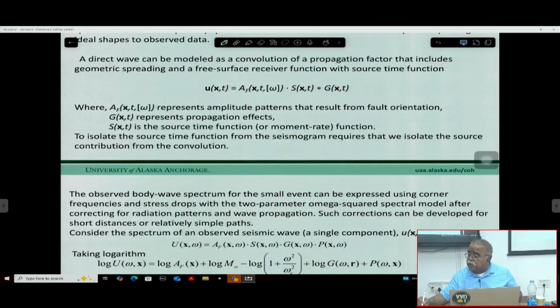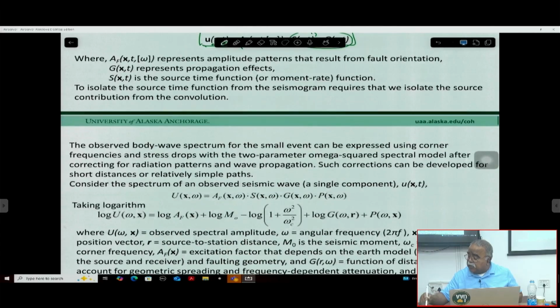This is your spectral part, and that is what you have observed in your convolution with your displacement pulse. So this is your displacement, and that is your amplitude. Then this is your source time function, and this is your propagation path. The source time and propagation path are convolved, and that is multiplied with the amplitude part.